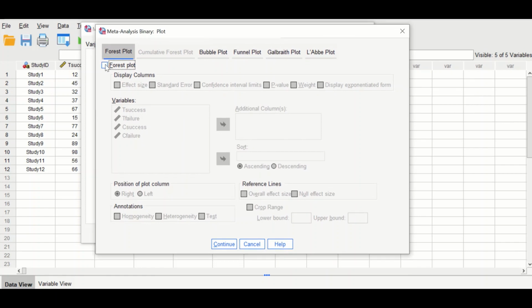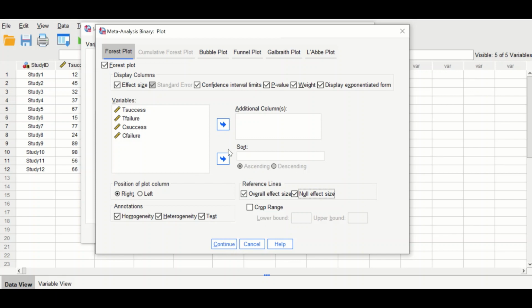The first plot is the forest plot, and in it I want to display the effect size, the standard error, the confidence interval limits, the p-value, the weight, and display the exponential form. And for annotation, tick on homogeneity and heterogeneity test, and for reference lines, tick on overall effect size and null effect size.